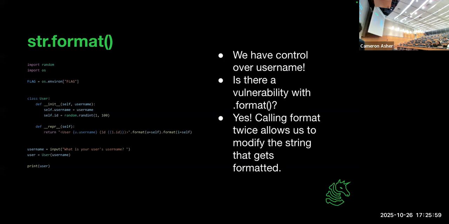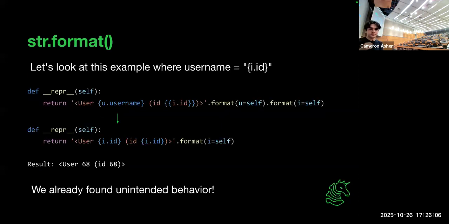But is there a vulnerability with calling it twice? Yeah, there is, because format lets you modify the underlying string. So here's an example. What if I set my username to ID in brackets? Then after the first format call, what you see is: user ID, parentheses ID.